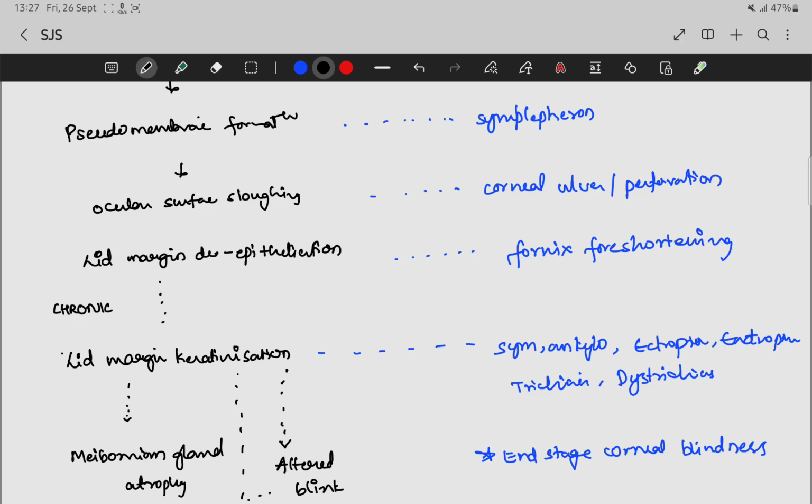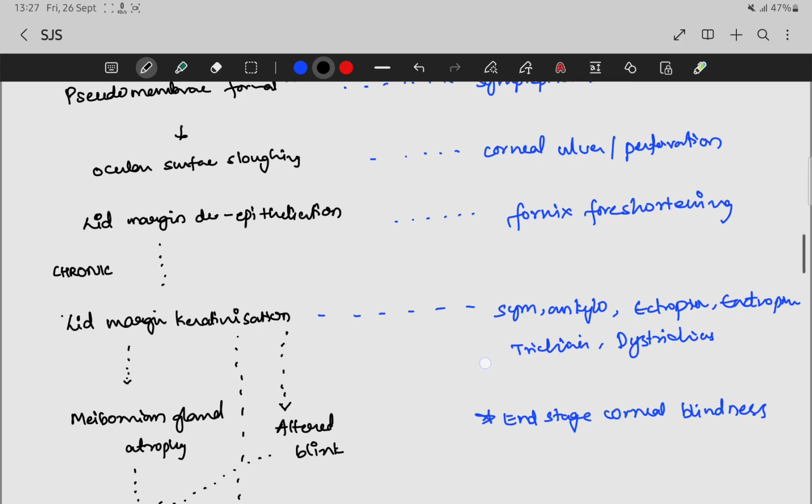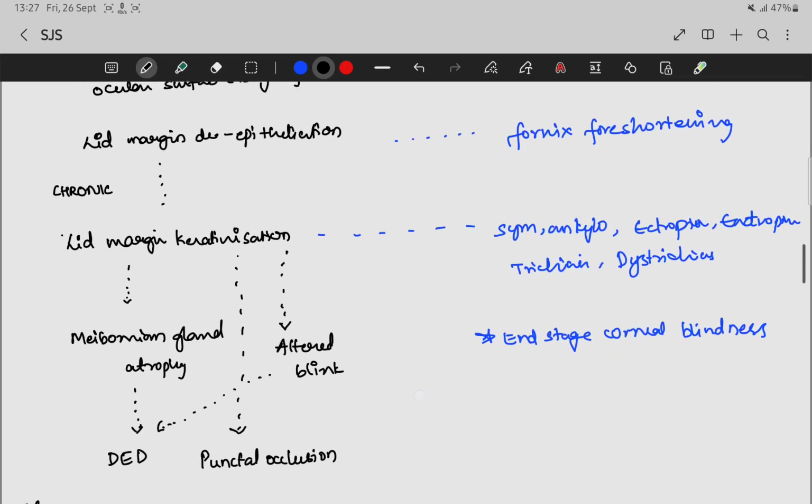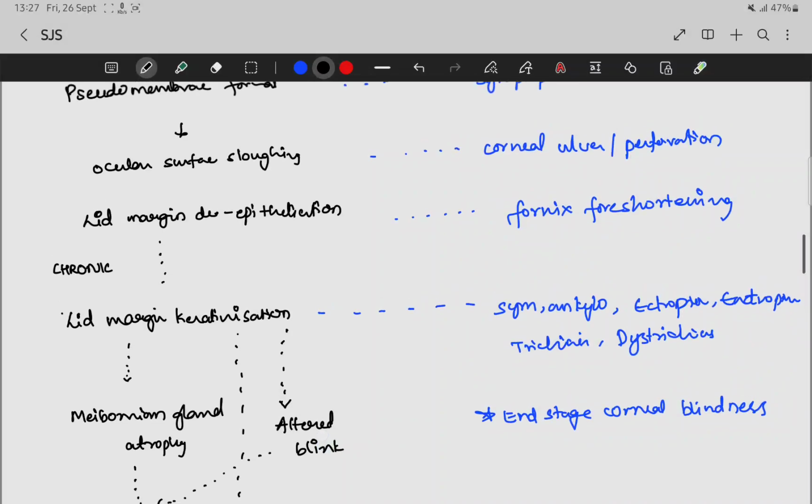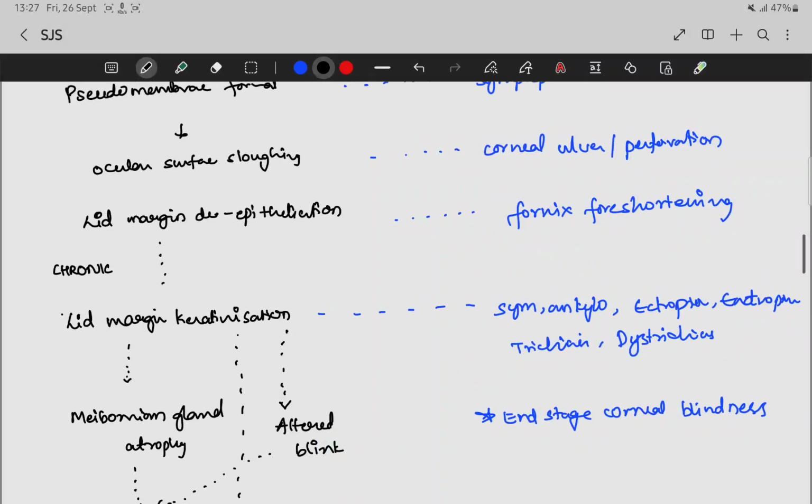The management of all these is itself a separate class. We have to discuss the procedures done for ectropion and entropion, like lateral canthoplasty, lamellar repositioning, and management of dry eye disease with the help of artificial tears, punctal cautery, salivary gland transplantation. All those we have to mention.